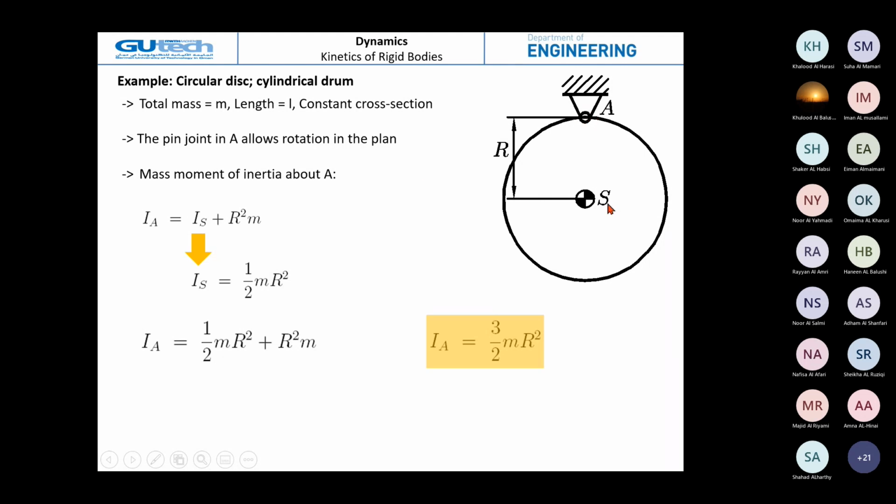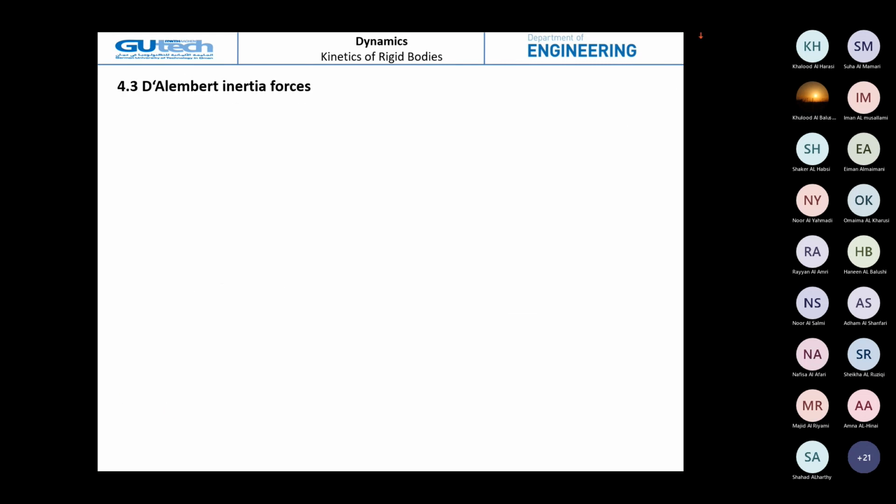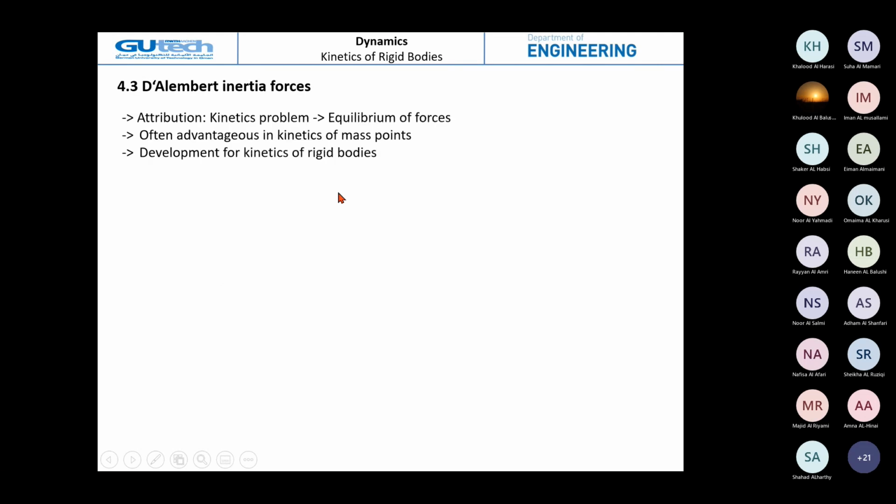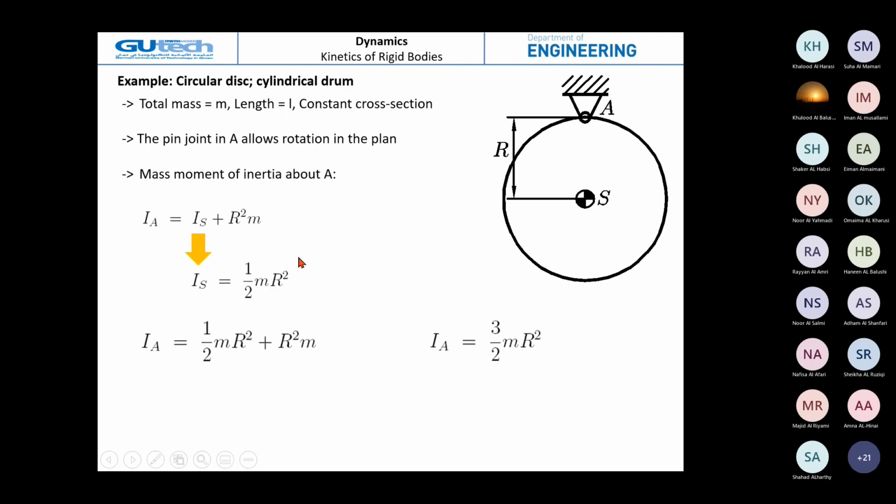For the example here, for this circular disc or circular drum, okay, if there will be such a problem in the final exam, I will give the value for the considered rigid body at the center of mass.